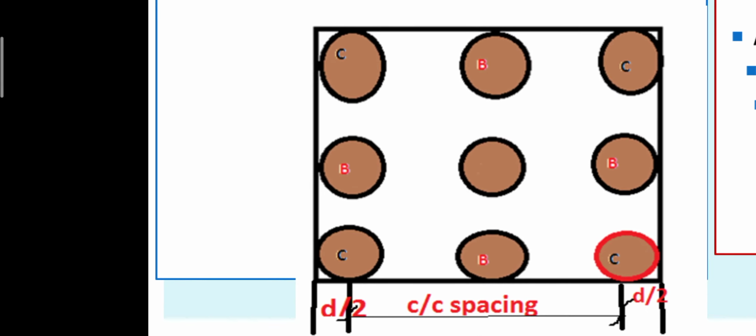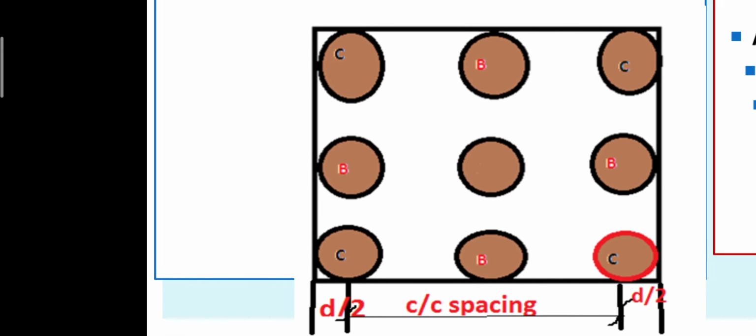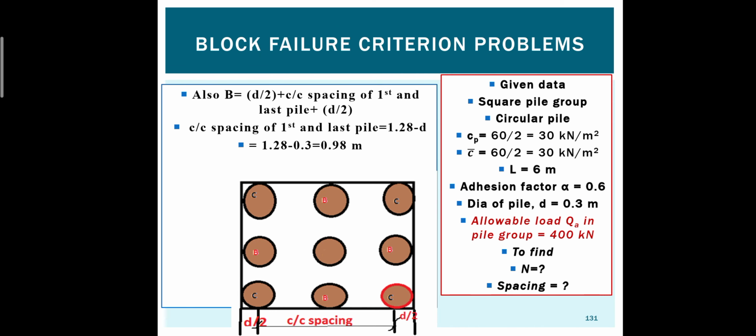For any two piles it is going to be divided by 2. So 0.98 by 2 gives you 0.49 meter. So we have a total of 9 piles with a center to center spacing of 0.49 meter. That is how you will design the pile group.